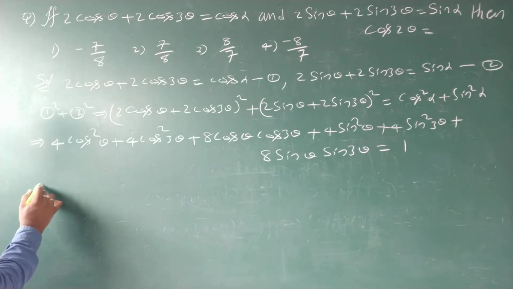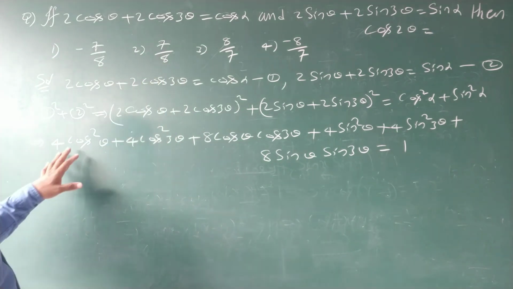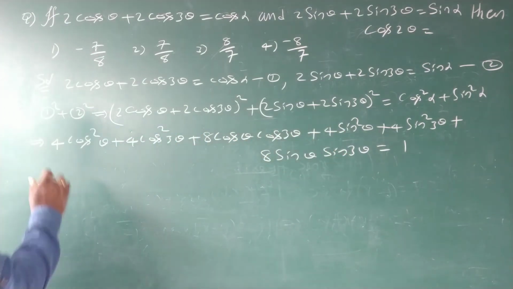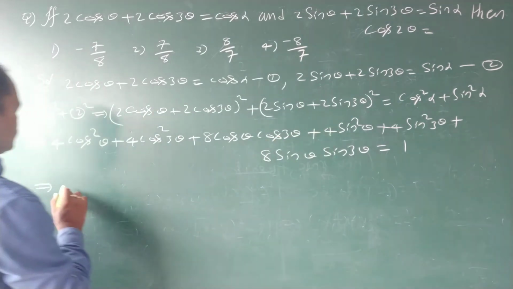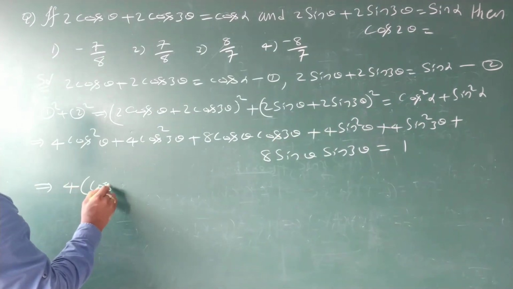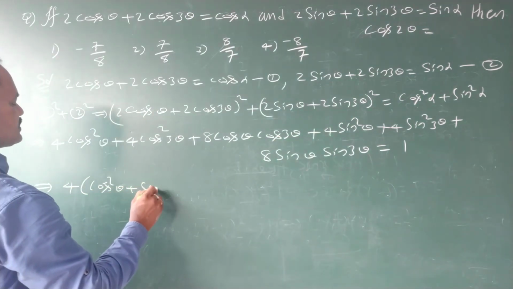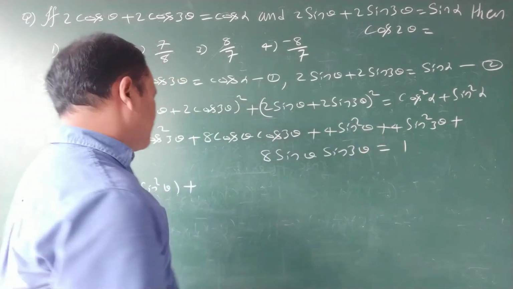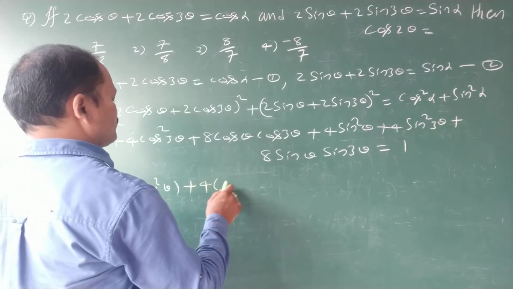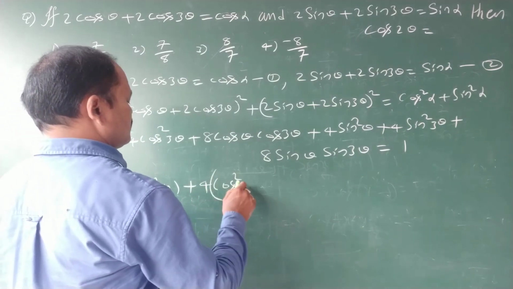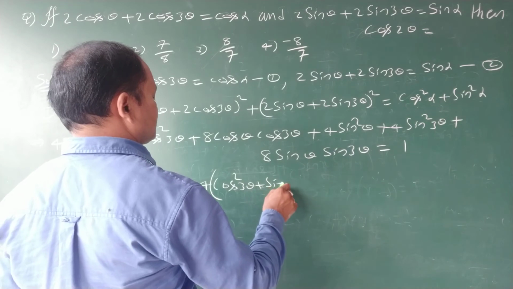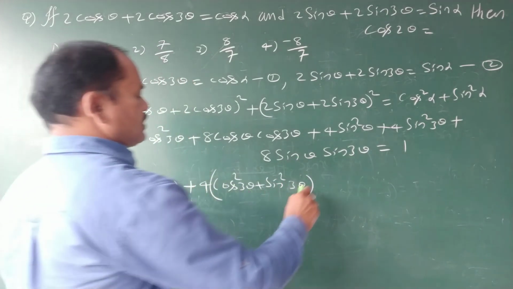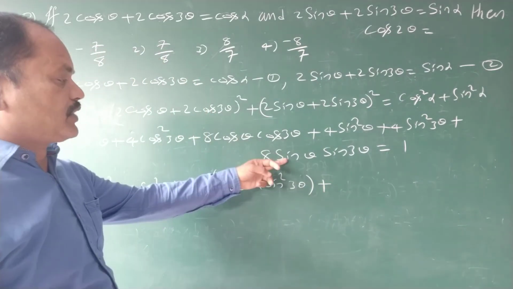Now from this we have to take common. Write one bracket. Take common 4 from these two. Then it is 4 times of (cos square theta plus sin square theta) plus, from these two we take common 4 again, so 4 times of (cos square 3 theta plus sin square 3 theta), plus take common 8 from these two.